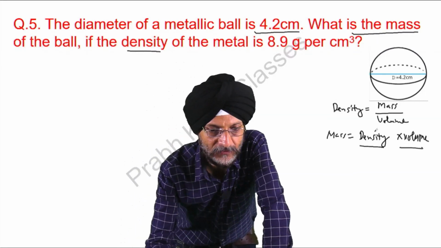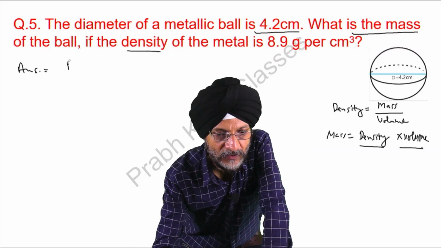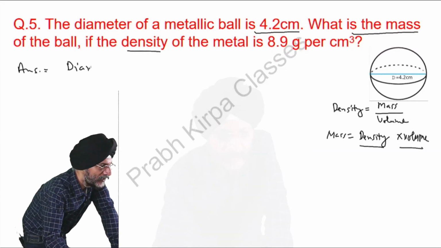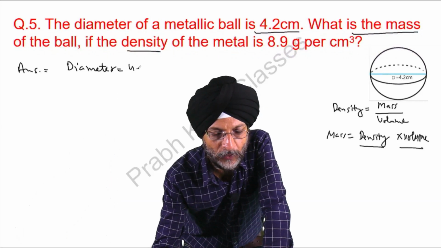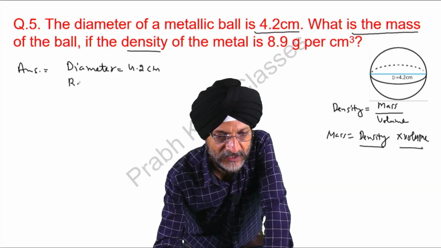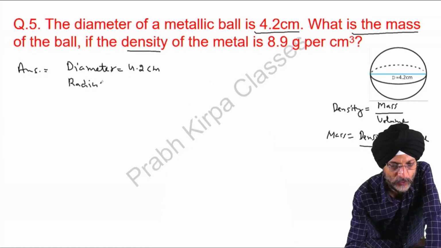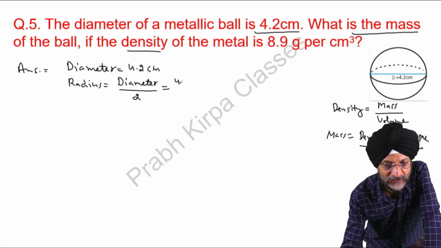For that purpose, we will use first diameter. What is the diameter? It is 4.2 centimeter. What is the radius? As you know that radius is half of diameter. We will put in the relevant value.